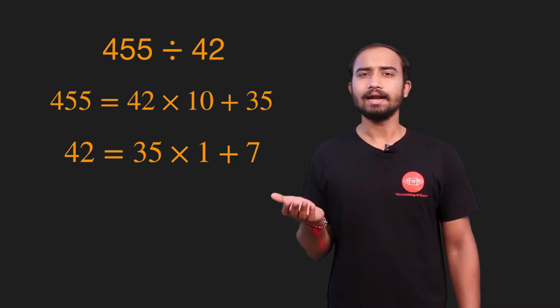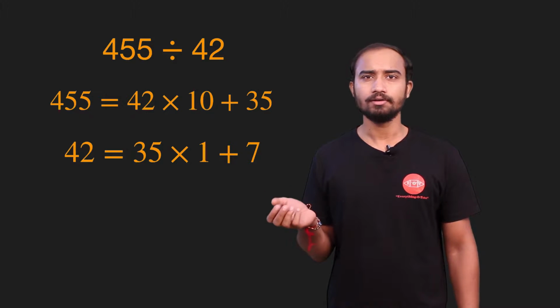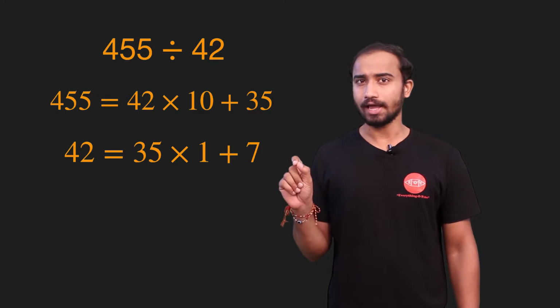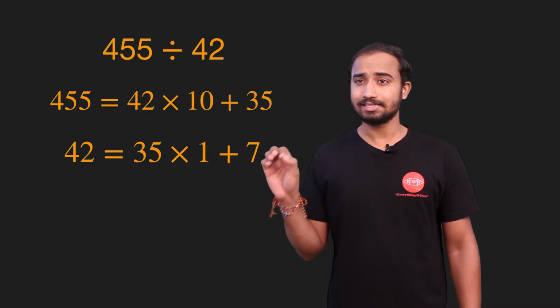So we try to divide 42 by 35. What we will get is 35 into 1 plus 7, right? Now again we didn't get 0 as the remainder.